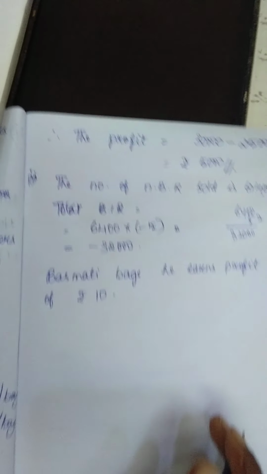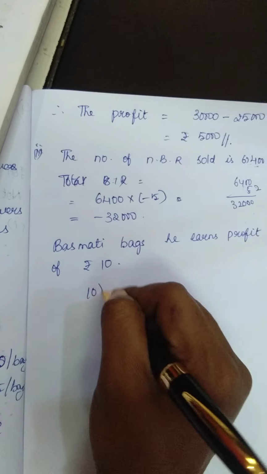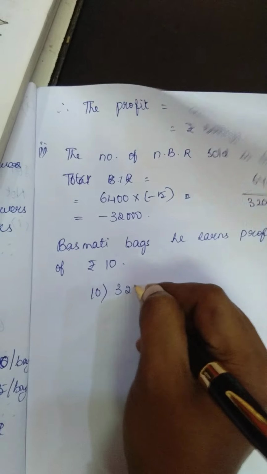Now what you have to do, just divide these two to get the number. 32,000 divided by 10 gives 3,200. Finally for basmati bags, the answer equals 3,200.